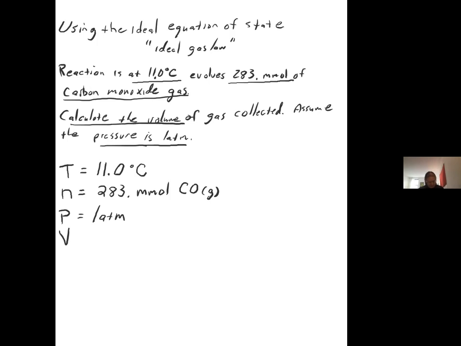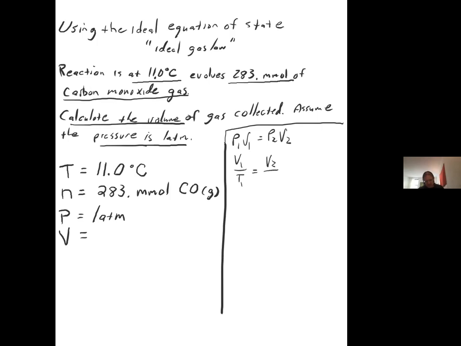Well, we have several choices, right? There's all these equations that we've learned. Let me just list them over here. We had P1 V1 equals P2 V2. We had V1 over T1 equals V2 over T2.